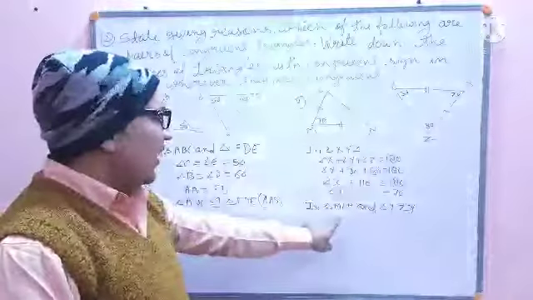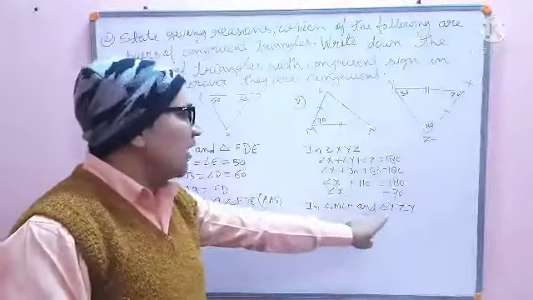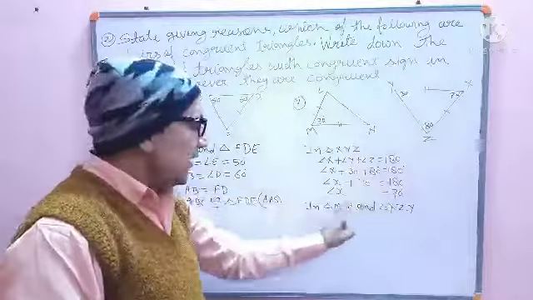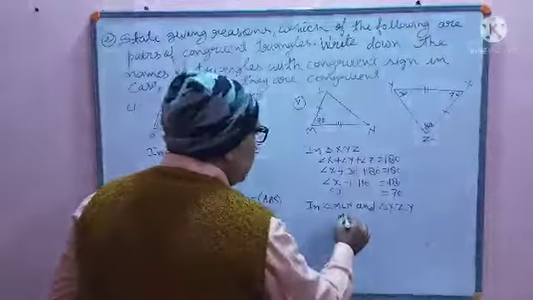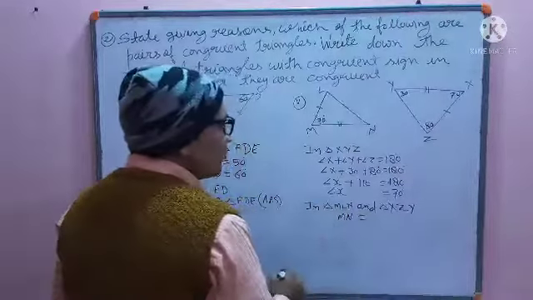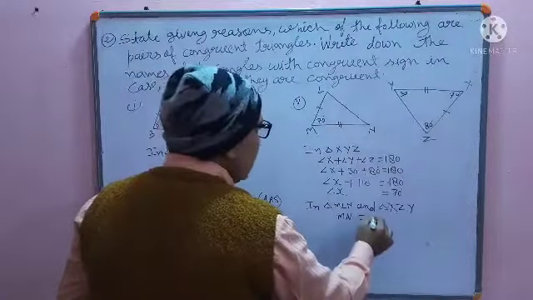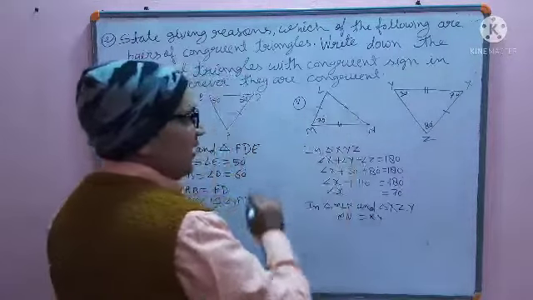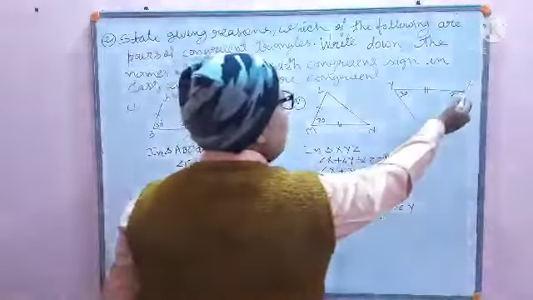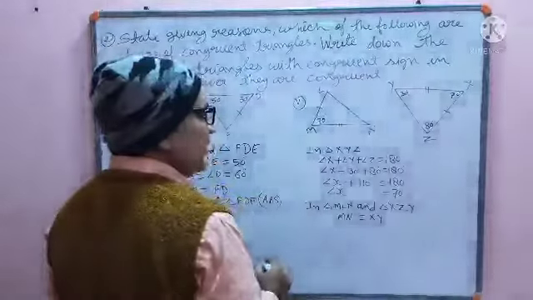Understood? Triangle MLN and triangle XZY. In these two triangles, you are watching that MN of this triangle and XY of that triangle, MN is equal to XY. It is given in the question.